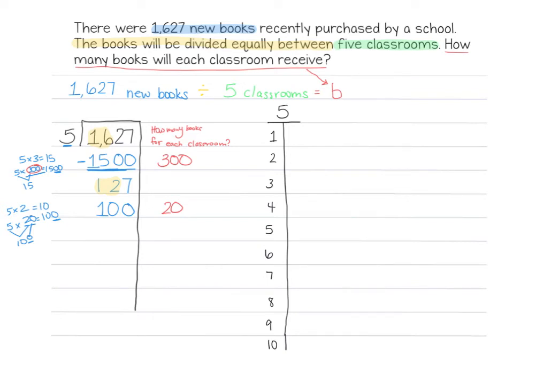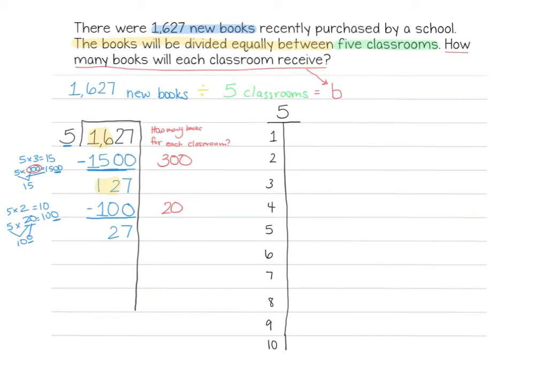Now let's subtract to find out how many books there are left. Ooh, 27 books. Great. So now we have 27 divided by 5. Where's 27 going to be on our list of groups of 5? It's going to be in between 25 and 30.